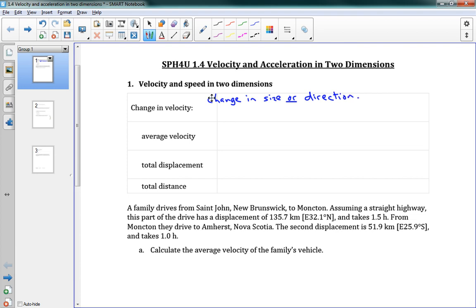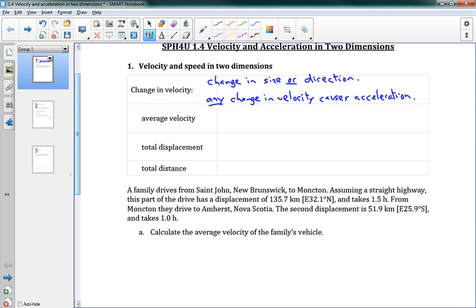And it's important to remember that any change in velocity causes acceleration. And that means that even if it stays the same speed but changes direction, there is acceleration happening because it's changing direction. Any change in velocity.